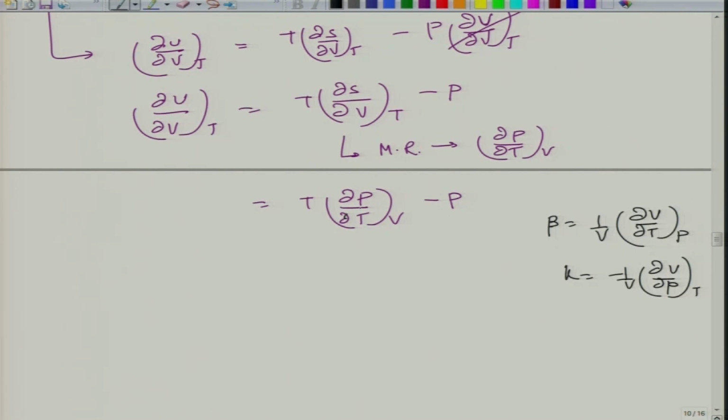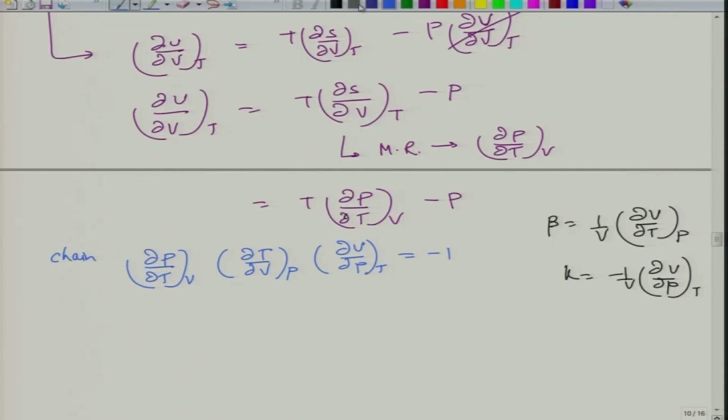But what we can clearly see is that P, T, V is part of these expressions, hence I can make use of the chain rule, which says that del P by del T at V, del T by del V at P, and del V by del P at T multiply to minus 1.